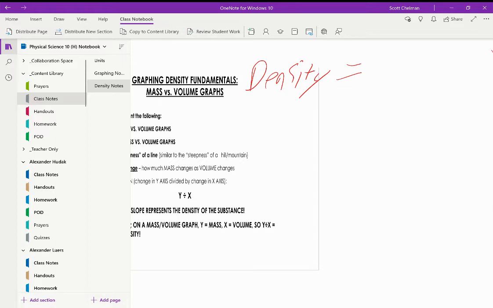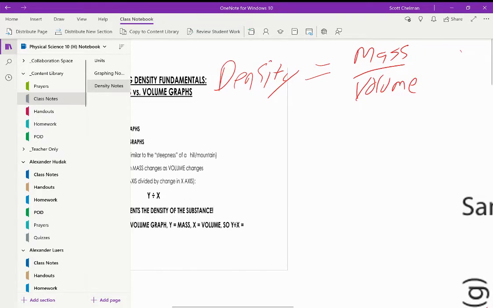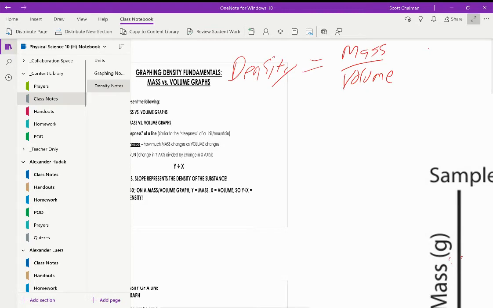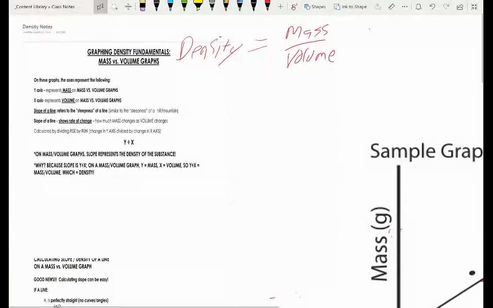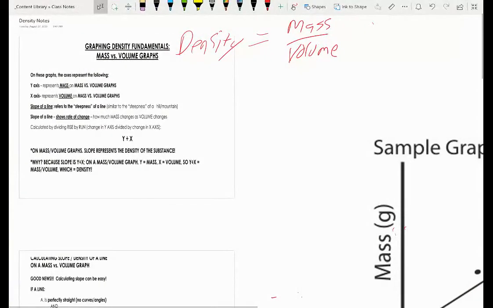Mathematically, then, density is mass divided by volume. So the mass of the substance divided by its volume will be the density of the material.